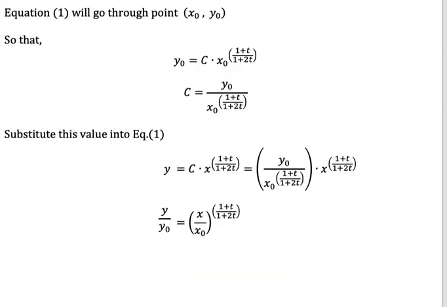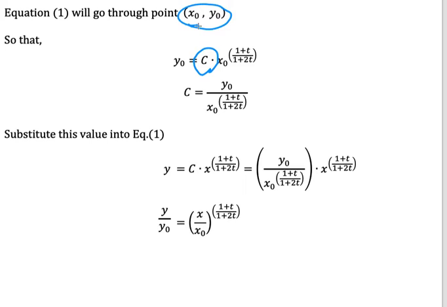Again, what you need to understand is that if you have a constant here, you cannot leave the constant as a constant. A constant must have a value. That is the idea of a constant. It is a fixed number. How do we get that fixed number? You need to substitute certain coordinates. Let's say we assume that it goes through x0, y0, meaning the origin.